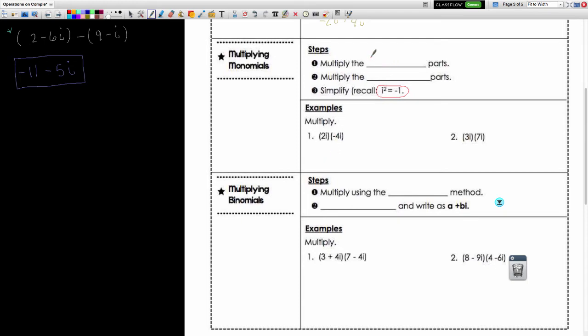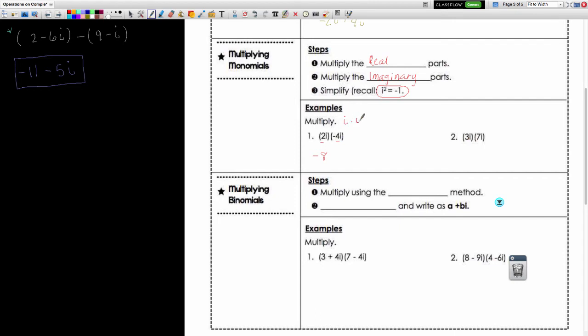So first thing is we multiply the real parts. Then we multiply the imaginary parts. And we simplify. So our real parts, 2 times negative 4 is a negative 8. i times i.